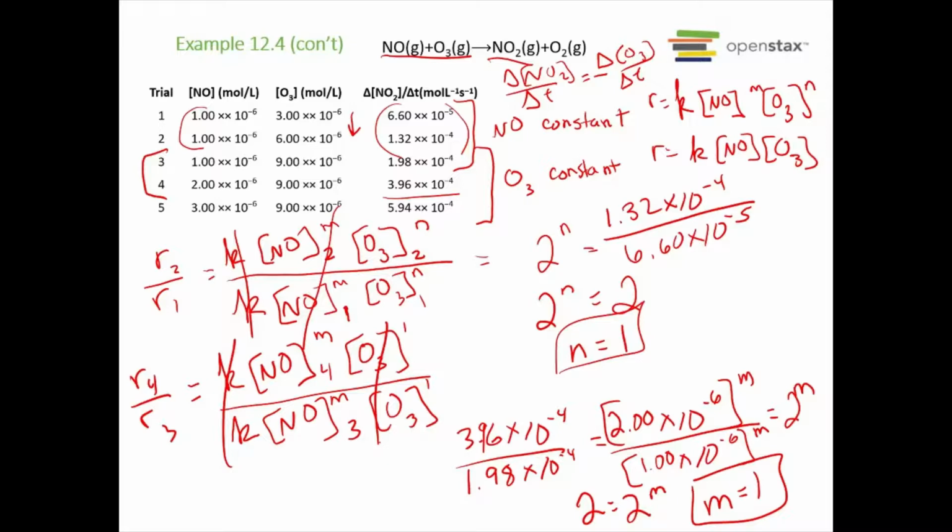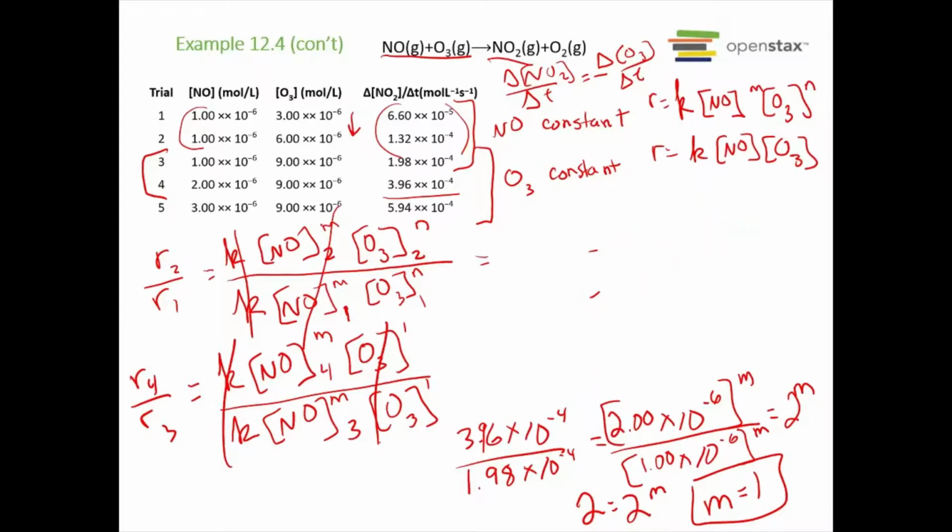So the last thing to do is pick some of our data and plug it in for the rate, for NO, and for ozone, and solve for K. So simplifying, K is equal to the rate of our reaction divided by the concentration of NO times the concentration of O3.